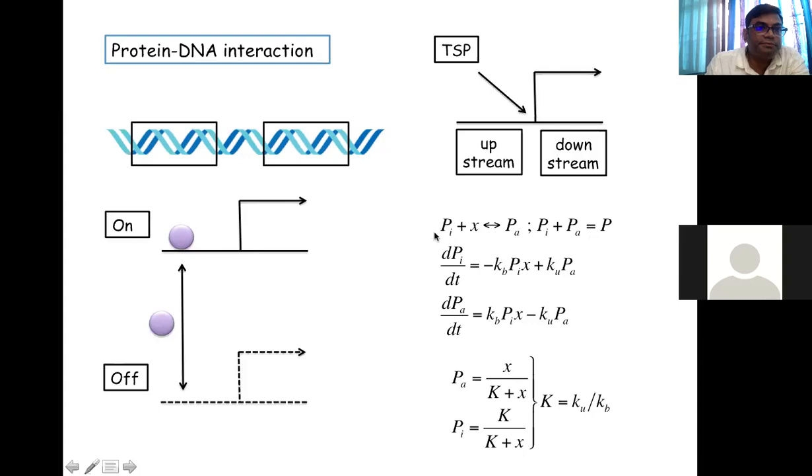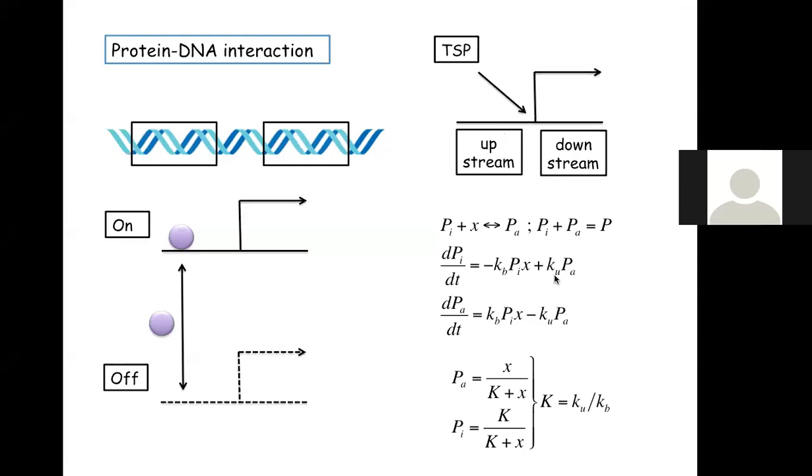Then we can write the time evolution of this probability states pi and pa, where kb is the binding rate constant of this transcription factor to the promoter site or the upstream site, as I have shown here, and ku is the unbinding rate constant. If we solve these two equations using this conservation relation, it's very simple, very straightforward.